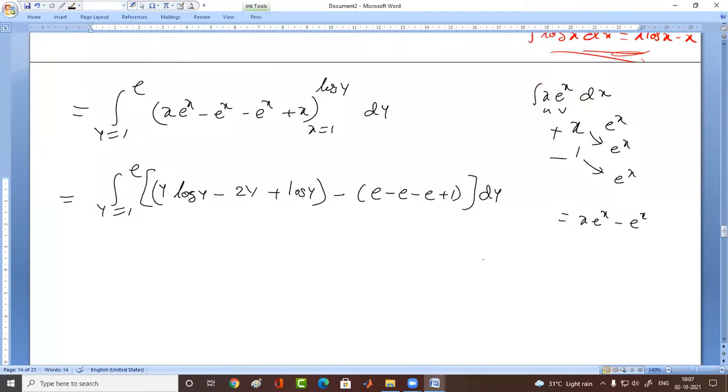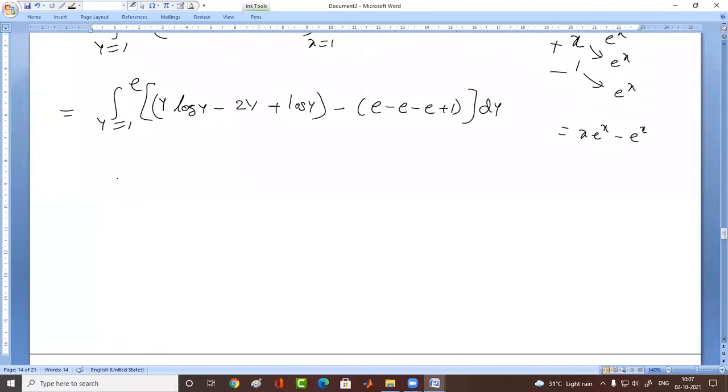Okay, simplify it. Y is 1 to e, y log y minus 2y plus log y. Here e cancels, plus e minus 1, dy.